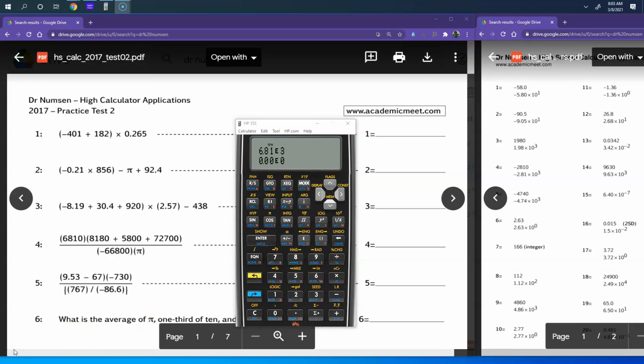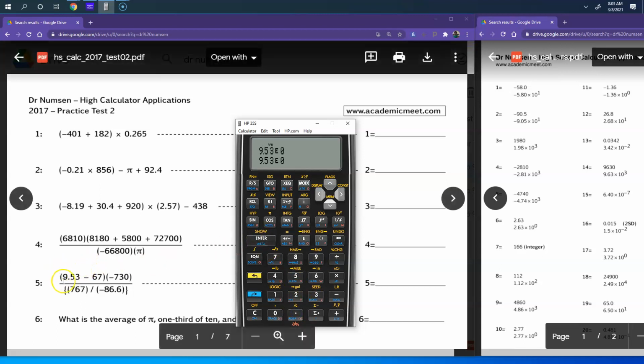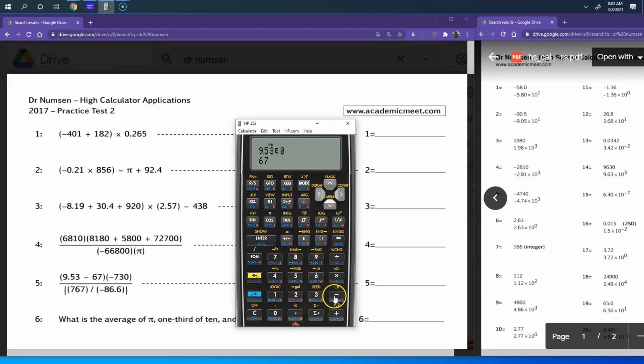Number 5, we have 9.53 minus 667 times negative 730. So first clear the memory. You have 9.53, enter, and that's the first memory stack. You're going to subtract 667, so now that's what you want to save.